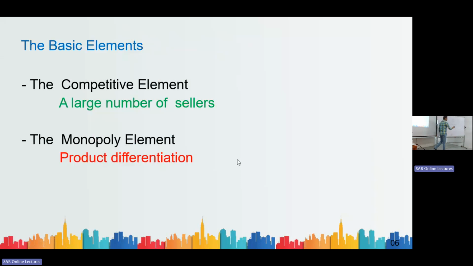In monopoly, the demand curve is relatively steeper. And both the firm and market demand curves are the same.